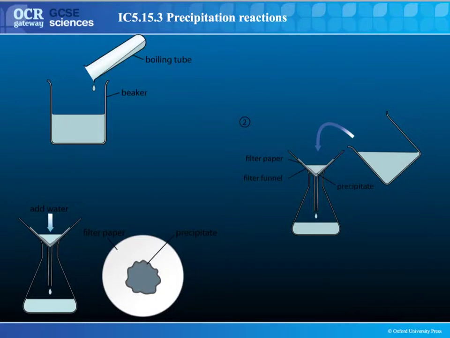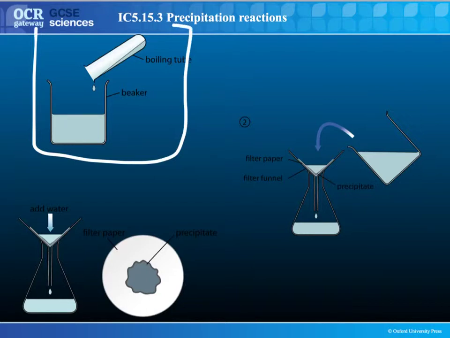Alright, here are the stages in making it. If you wanted to make the lead nitrate, you've done this before, so it's just a case of thinking through. Usually we want the liquid, but this time we want the solid. So step one, carry out the reaction. Add the two ionic compounds together, the aqueous solutions, and you will form in the beaker the solid precipitate.